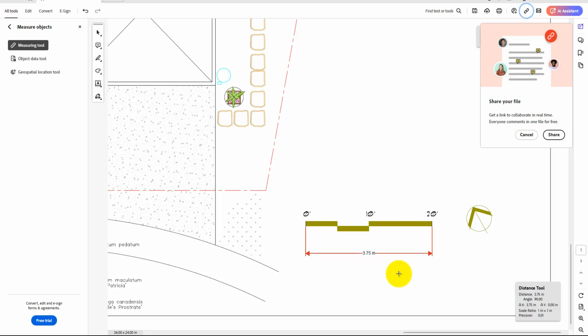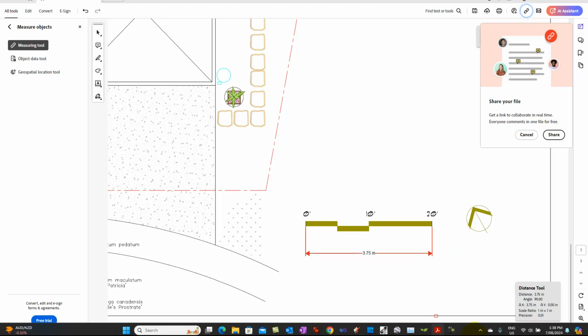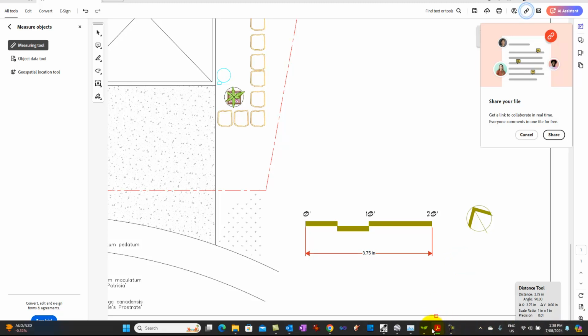But as it stands at the moment, when I measure here, I get 3.75 inches. So what should have been 20 feet or 240 inches is now 3.75. And in fact, when I take 240 and use my little tool in gCADPlus, let's go back to it.